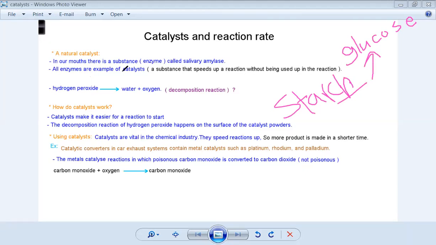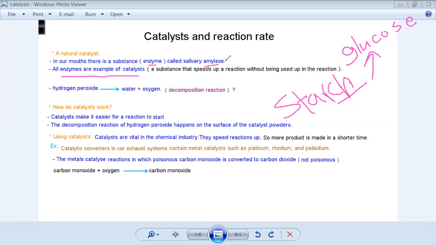So here in the saliva, we have the enzyme, which is amylase, okay? So when this amylase broke down the starch, it speeded up this breaking down, so that's why it's a catalyst. This is a natural catalyst, okay? All enzymes are examples of catalysts, which are substances that speed up a reaction without being used up in the reaction.